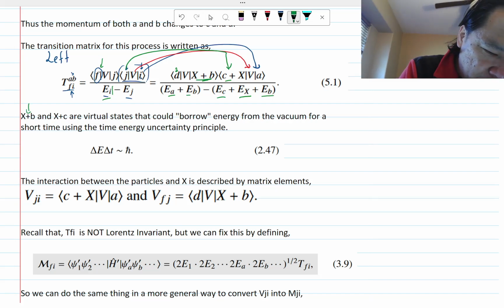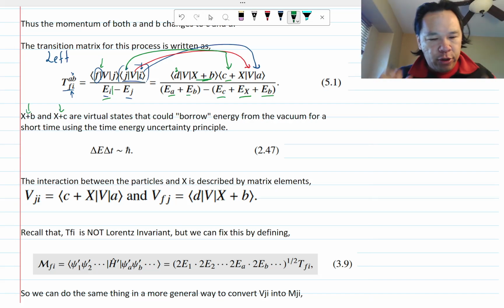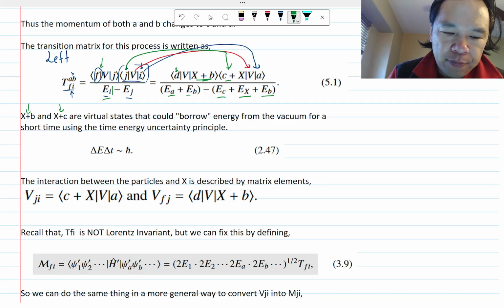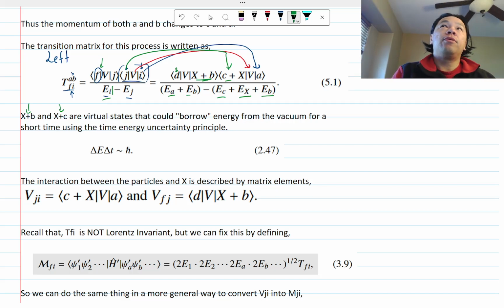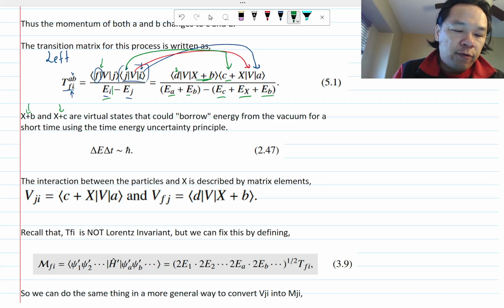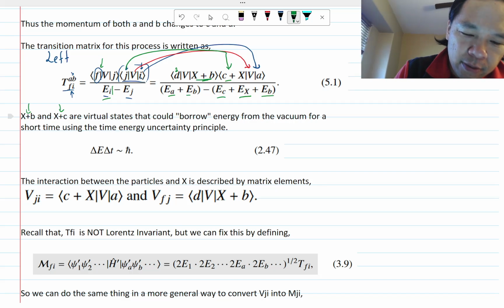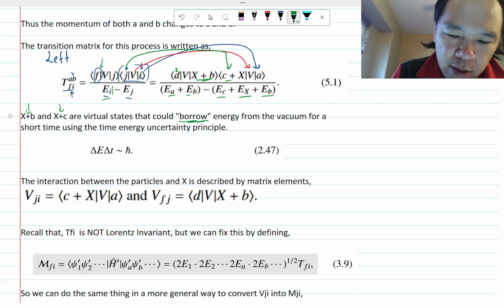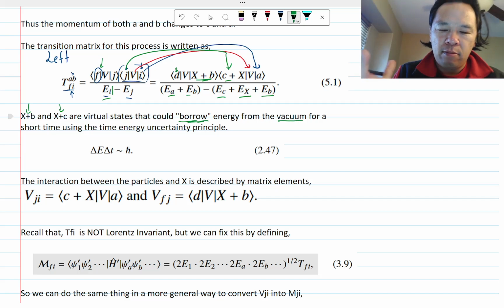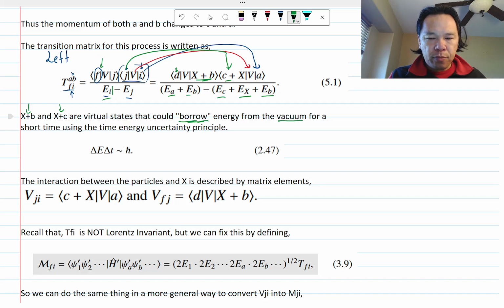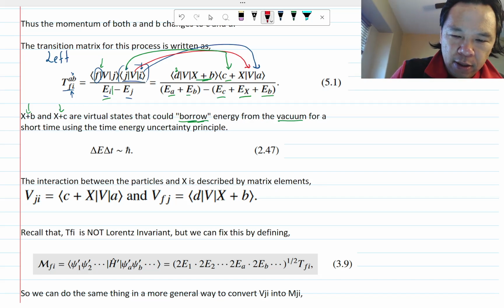So X plus B and X plus C are these virtual states, and just to make sure people are clear on that, because that gets confusing sometimes, in these virtual states the system could borrow energy from the vacuum. Let me give an example.